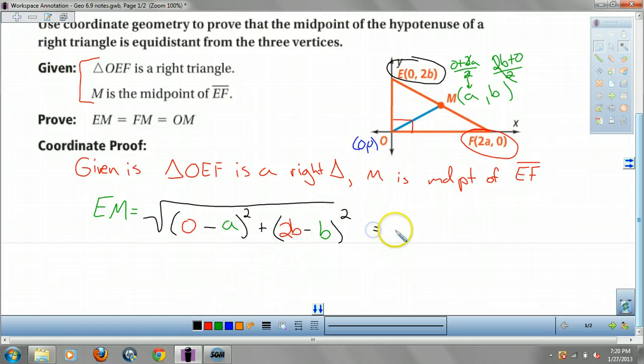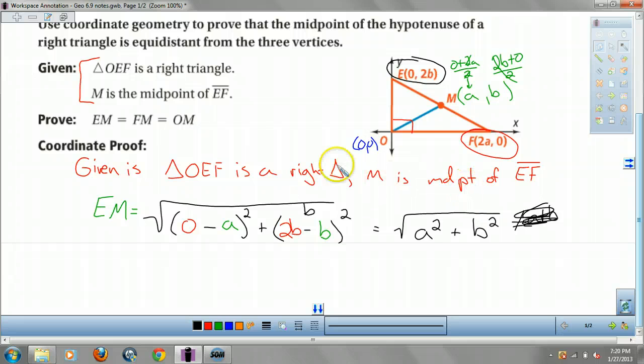So I end up with the square root of a squared, because negative a squared is positive, plus 2b minus b is b, plus b squared. You guys, that does not equal a plus b. Don't even think about it. Please don't.